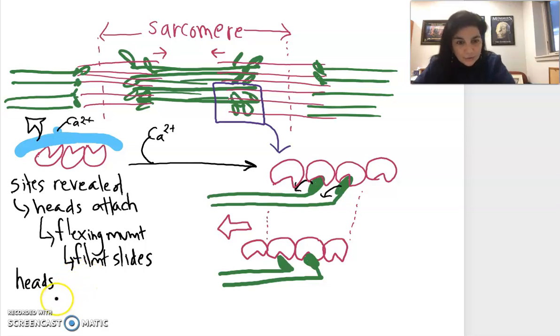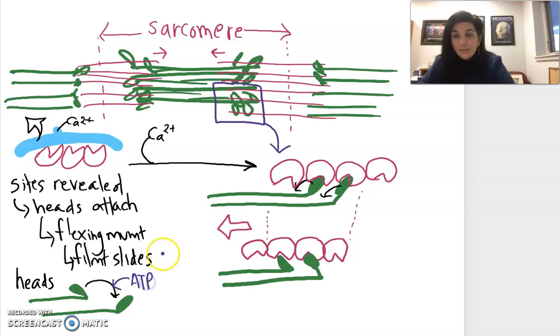So this is what happens to the heads. They were in this flexed position, but we want them in the extended position, or we also call it the cocked position. So to go from here to here, this actually requires an ATP molecule.